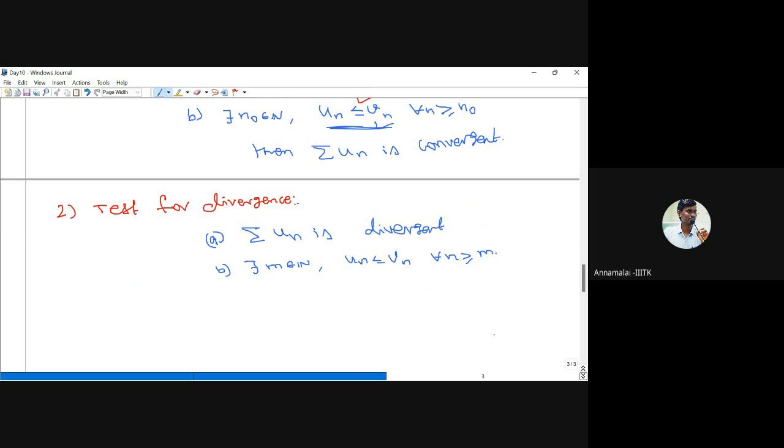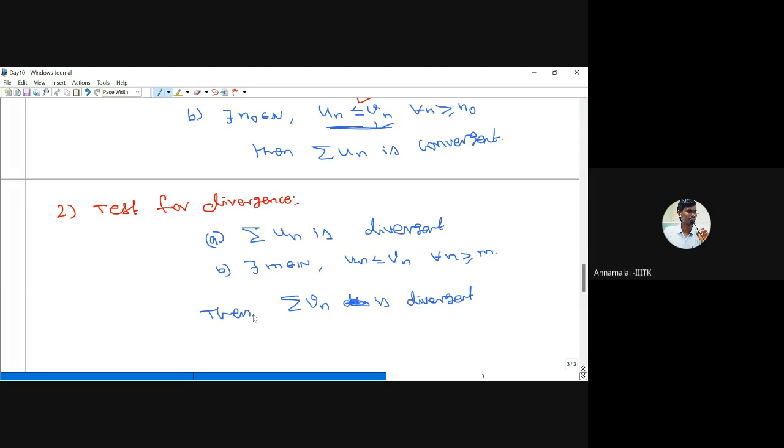Then summation vn is divergent. If the small series is divergent, then the bigger series is divergent. So this is the test for divergence.